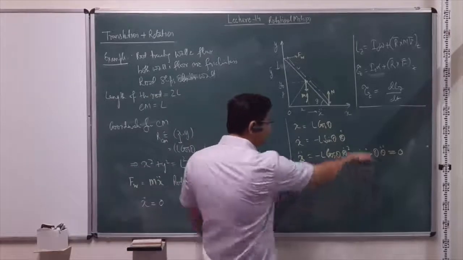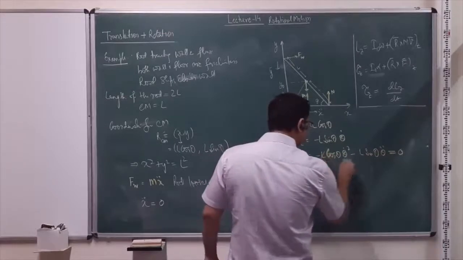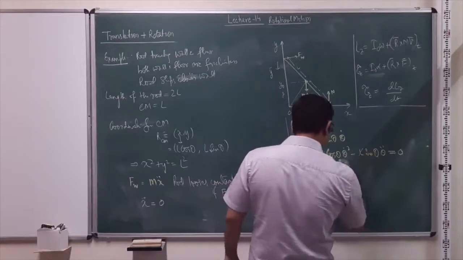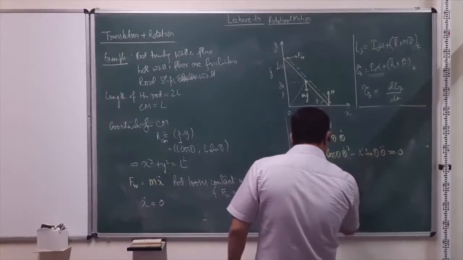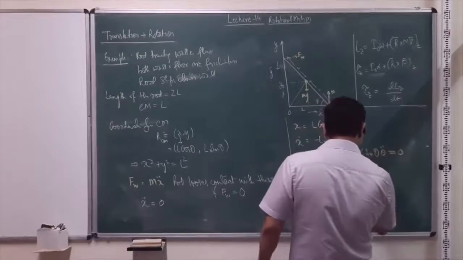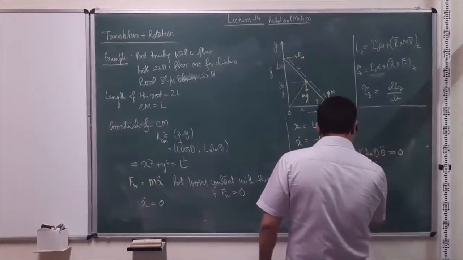From this condition, we can find an expression for theta double dot. So theta dot squared in that case becomes equal to minus tan theta, theta double dot.